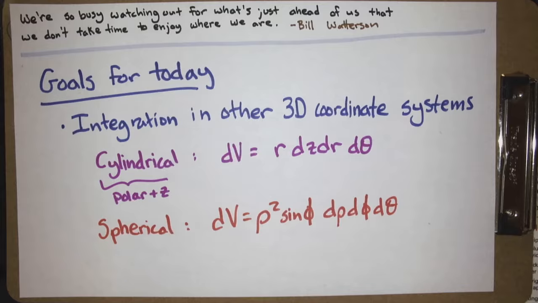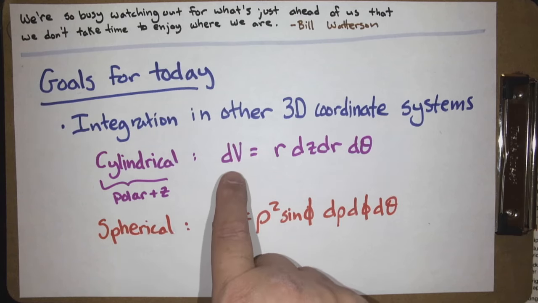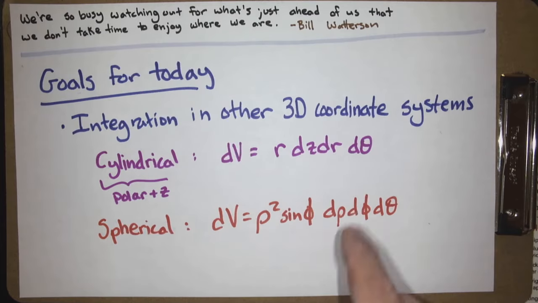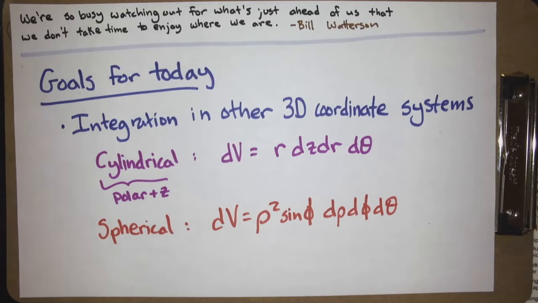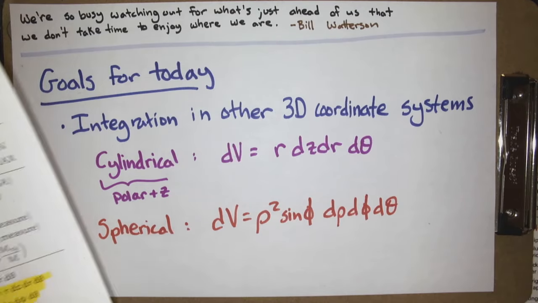So we're going to talk about integration in 3D coordinate systems, specifically the cylindrical and the spherical. And the important thing is how you chop things up. So there's dV is r dz dr d theta, and dV is rho squared sine phi d rho d phi d theta.